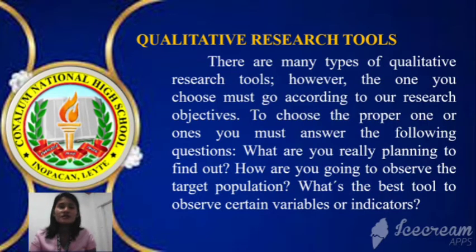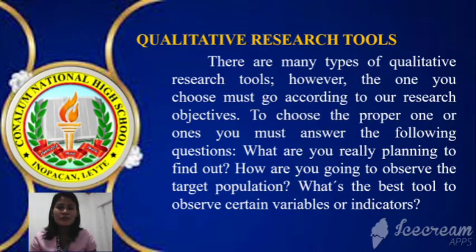Yes, because we cannot use all the research instruments for our research study. Instead, we have to choose only the necessary research tools relating it to our research study because we consider the importance of our research topic in also looking for our research tools. So it must answer these questions. What are you really planning to find out?